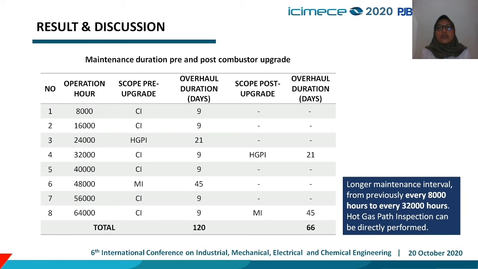And after the upgrade, we can dismiss the combustor inspection, which was usually performed every 2 years, and hot gas path inspection can be directly performed at 32,000 hours. And so the total duration for this maintenance in an 8 years period is only 66 days.